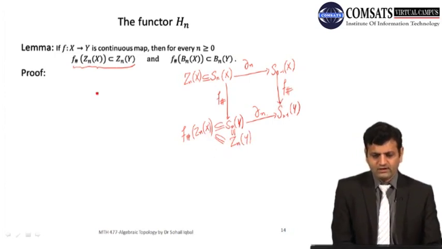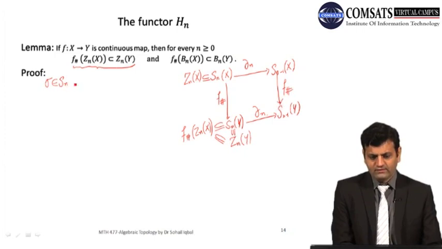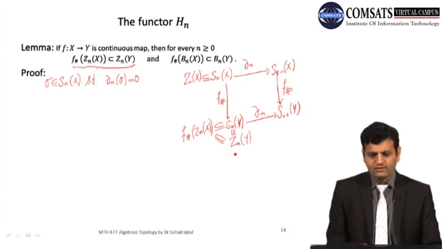Okay, so starting from a point, let's say sigma belongs to Sn x such that the boundary of sigma is 0. So let's follow two routes and let's try to see why this result is true.